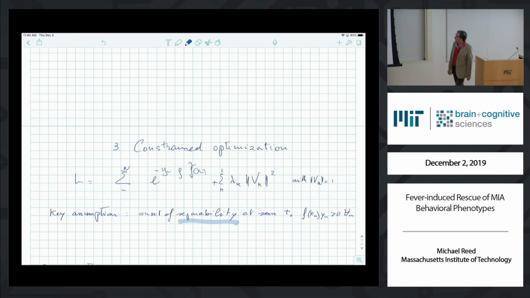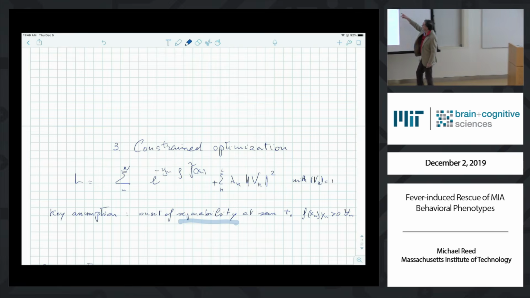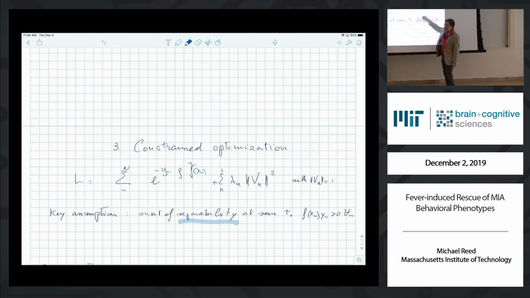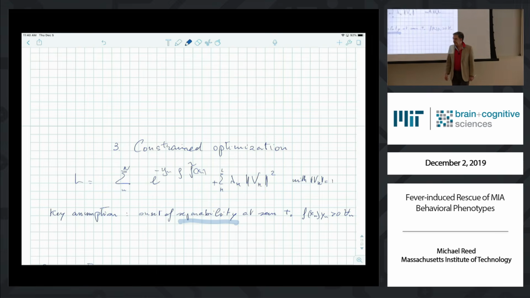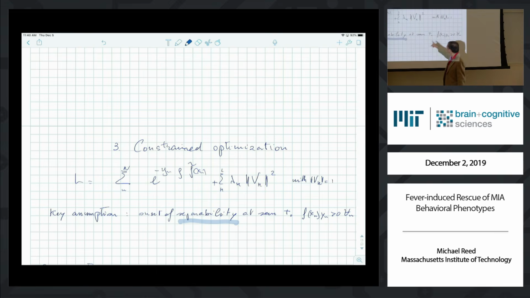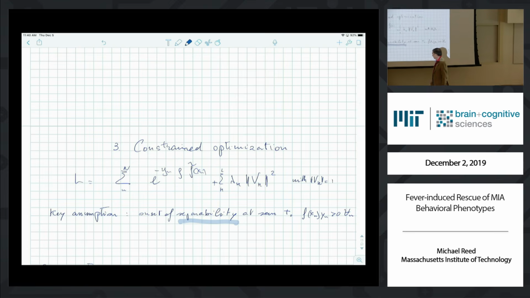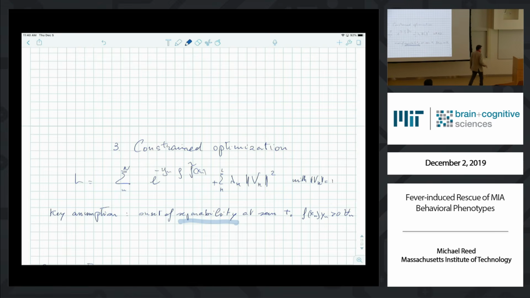Yes, because I use that to find lambda. I use exactly this constraint in order to find lambda.